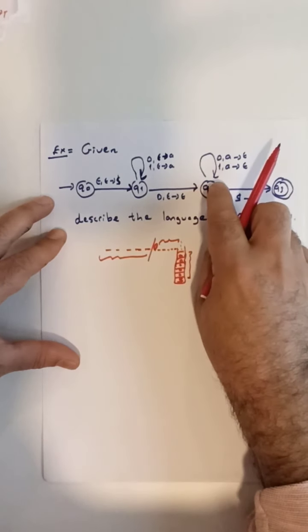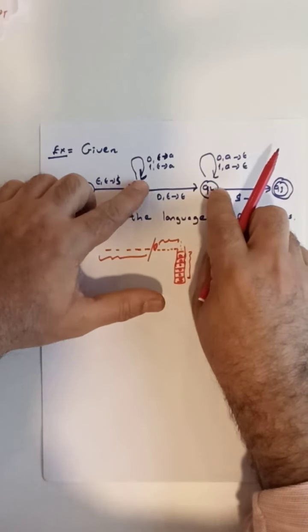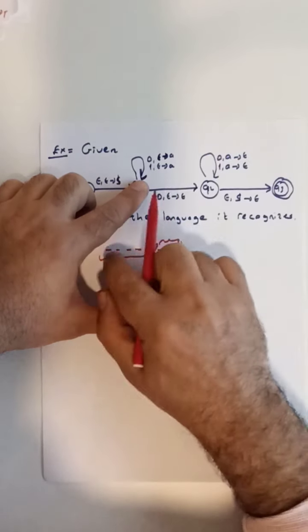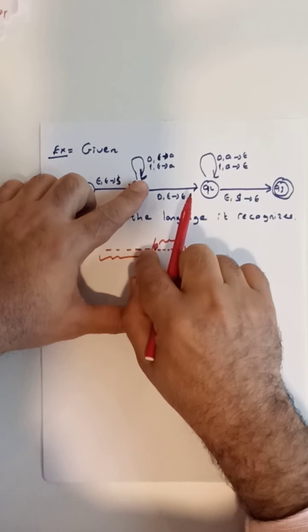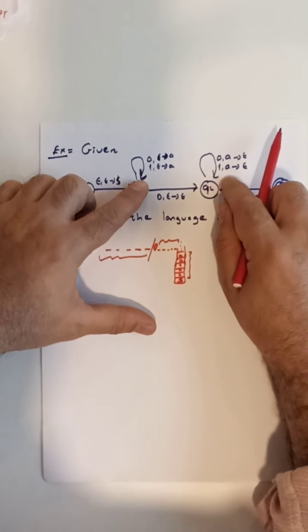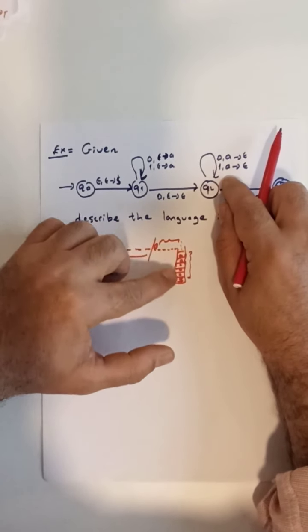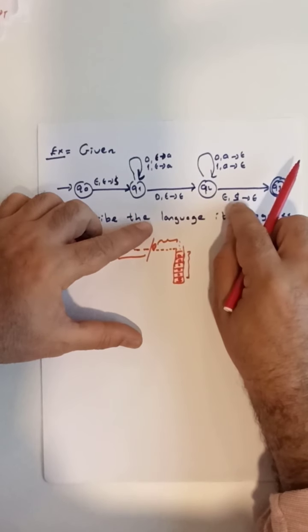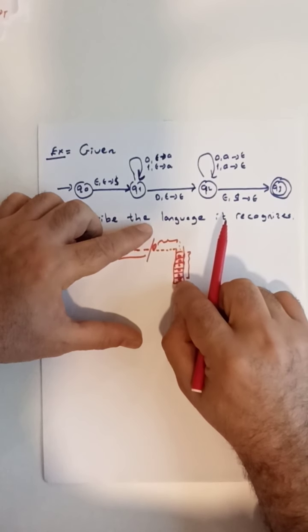The loop at Q1 simply stores A's corresponding to every input symbol read. The transition at Q2 simply removes every symbol stored previously on the stack until it arrives at dollar, the special empty stack delimiter.